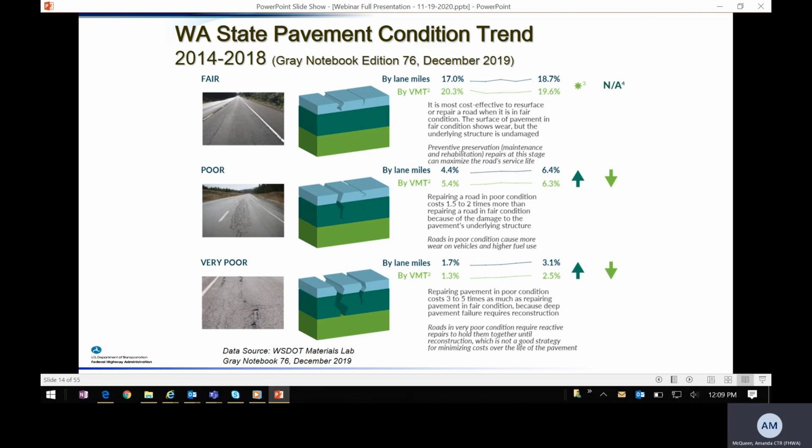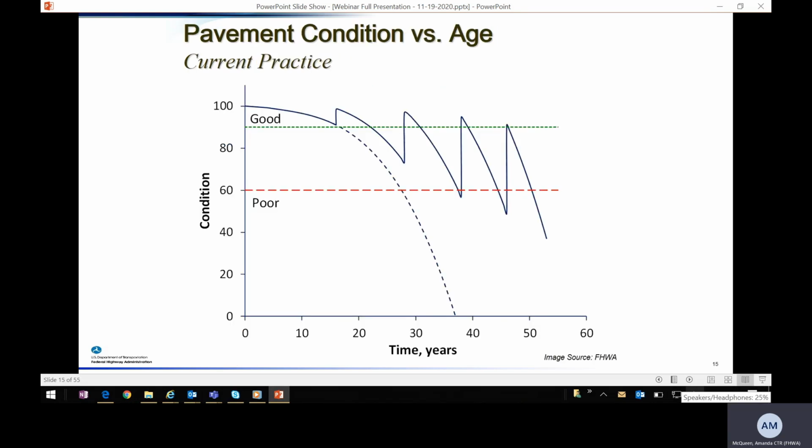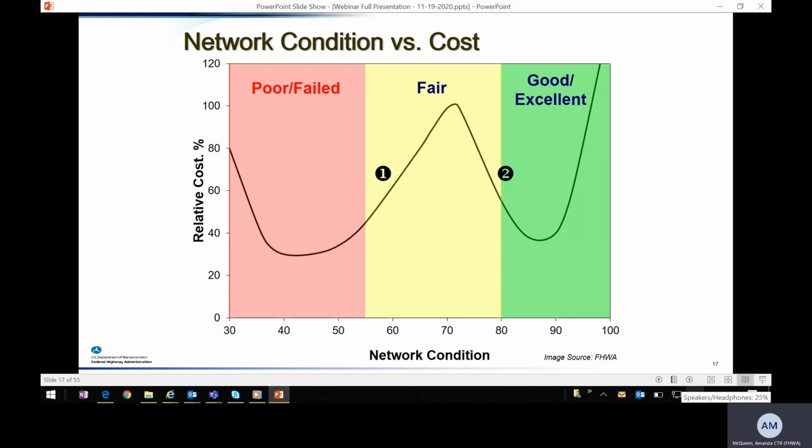So if you don't preserve your pavement in this range and allow it to drop down to poor condition, it's going to end up costing you 1.5 to 2 times more. And if the condition deteriorates even further, it costs you something like 3 to 5 times as much as repairing the pavement in fair condition.